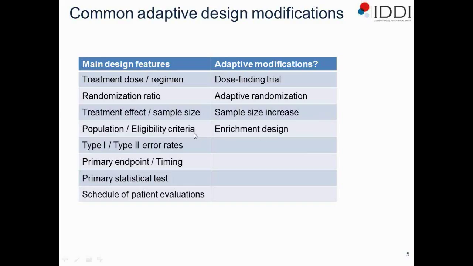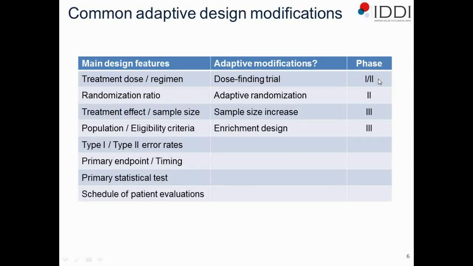And finally, the population which is entered in the trial can be changed in an adaptive fashion, and that is done in enrichment design trials. If we look at the phases of development that are implicated by these changes, the dose-finding trial would actually be relevant in phase 1 and phase 2 situations. The adaptive randomization trials usually concern phase 2 trials, and then the sample size increase and the enrichment design typically would bear on phase 3 designs.